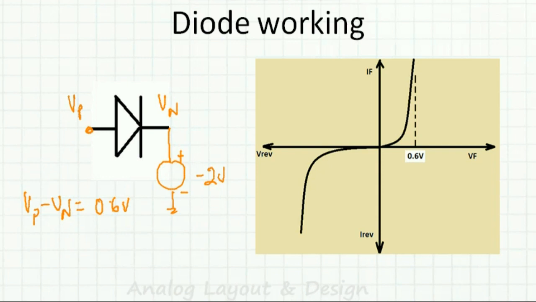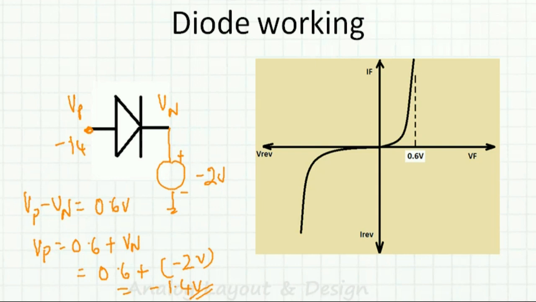So our Vp is 0.6 plus Vn, or 0.6 plus minus 2 volt. So it is minus 1.4 volt. If this node is connected to minus 1.4 volt, then it is still forward biased. See, both the voltages are negative, still it is forward biased.